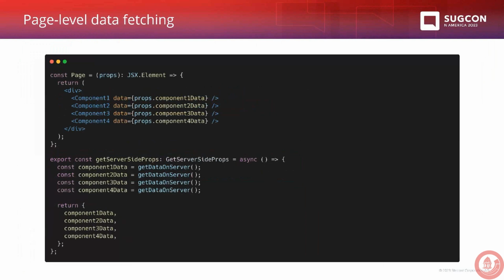However, since these methods must be declared at the page level, you have to do data fetching for all of the components that are going to render on your page at the page. In a vanilla Next.js application where your pages are generally static and you know all the components that will be rendered ahead of time, maybe that's okay. But in Sitecore, pages aren't static, right? We're not going to have all of our components listed on the page like this.